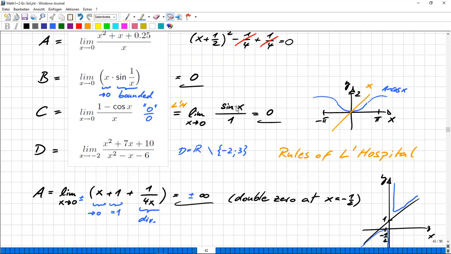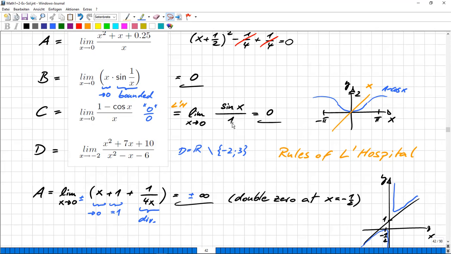Then in the denominator, I have my linear term x, which gets differentiated to be 1. And so all that remains is sine of x over 1. And now I'm done, because I see that clearly if x approaches 0, sine of 0 equals 0. But here I have a fraction line over 1, where the 1 is constant.